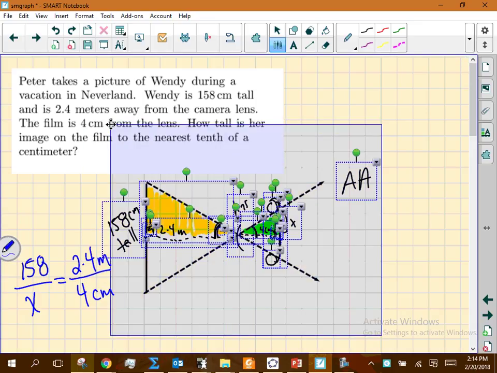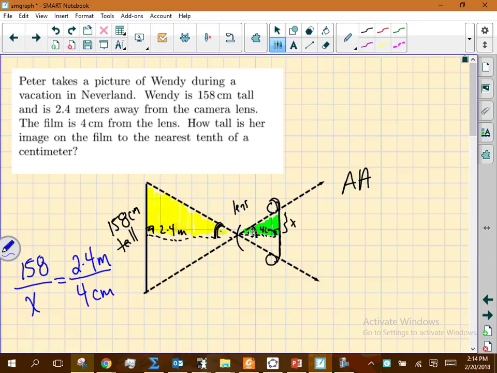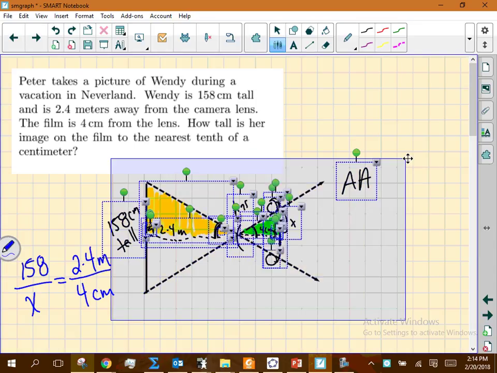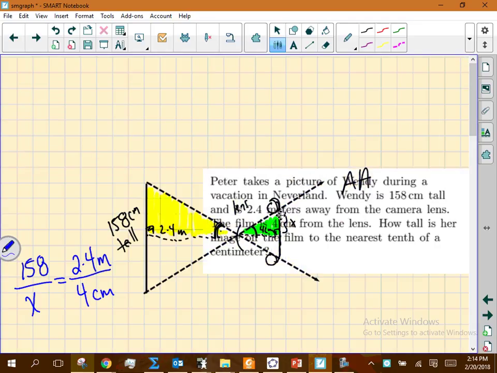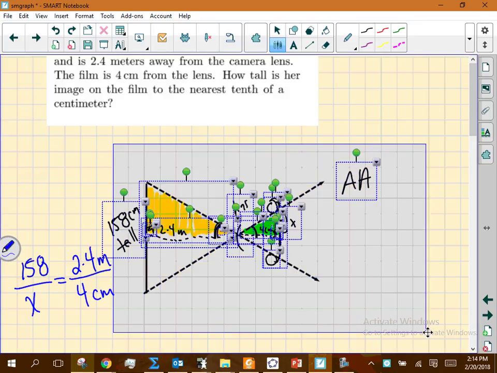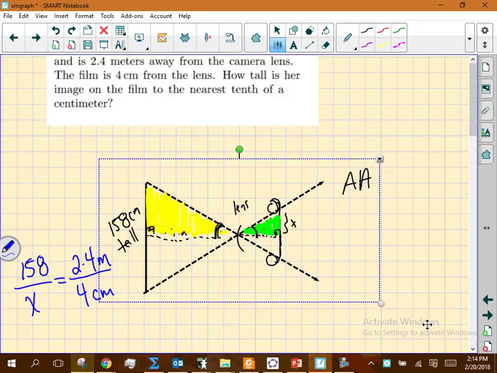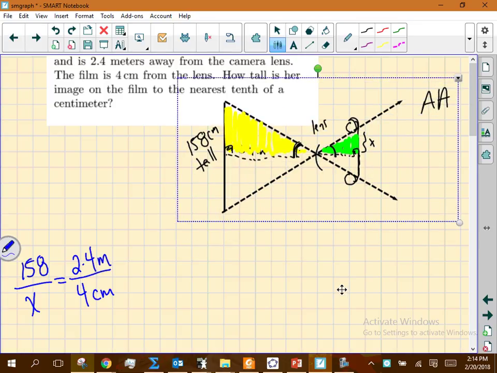Now I don't know enough about cameras to know that image and that explanation is 100% accurate, but it's pretty close to being correct. Is anybody interested in photography, or do you take pictures?